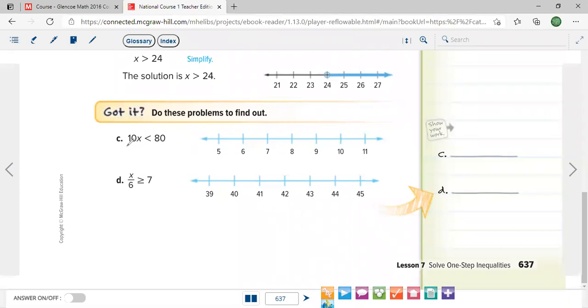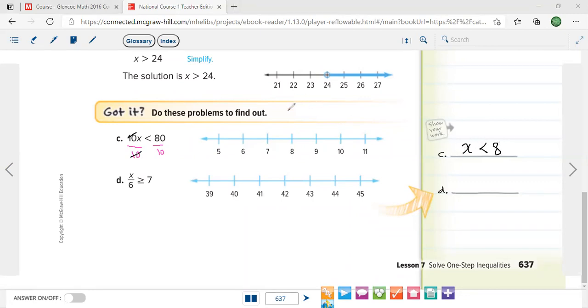In problem C, 10x means 10 multiplied by x. 10x is smaller than 80, so we're going to divide by 10. Divide by 10. And this will give, the 10 is gone, so this will give x smaller than 80 over 10, which means 80 divided by 10, which is 8.